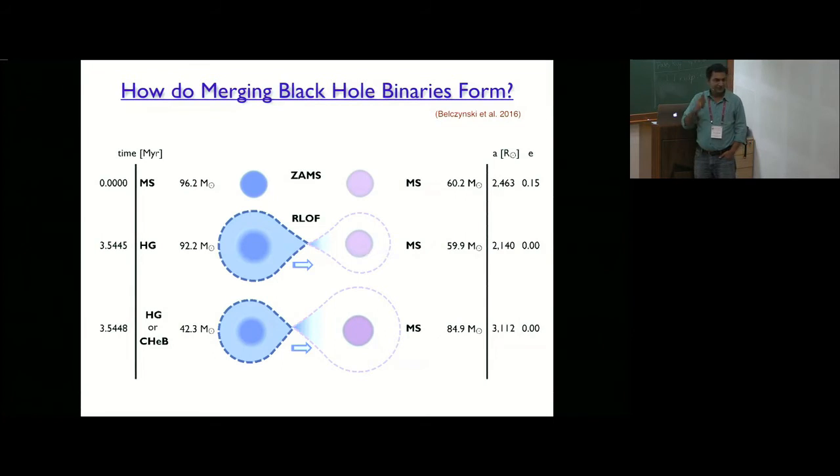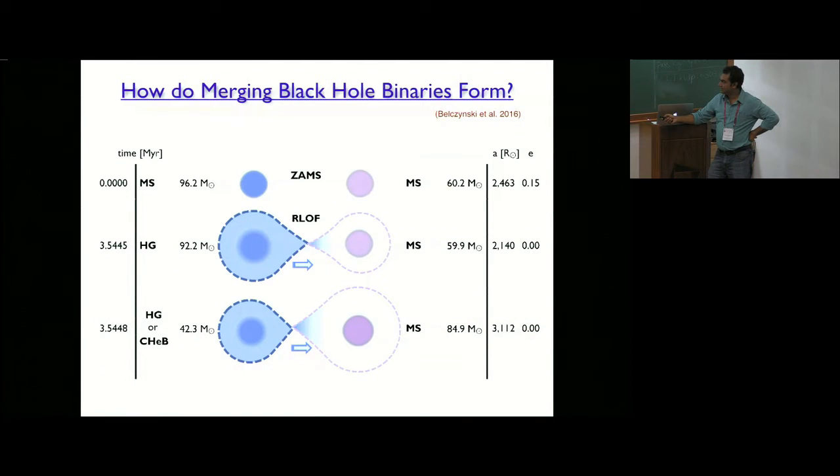You can convince yourself, it's very easy to do the calculation in a strictly conservative mass transfer case. You can show that if it goes from a high mass star to a low mass star, the orbit shrinks. The opposite is, if it goes from a low mass star to a high mass star, then the orbit expands. That's primarily what expands this orbit at this stage.